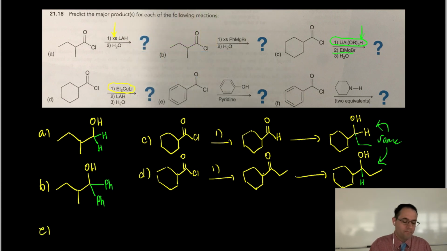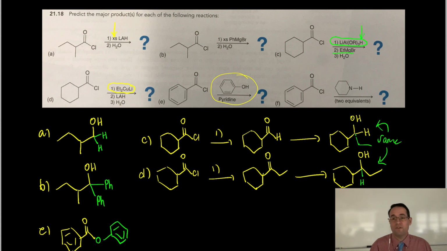In part E, we have an alcohol and we have an acid chloride. So we know this is going to make the ester. Phenol is a nucleophile. It just attacks like any other alcohol.